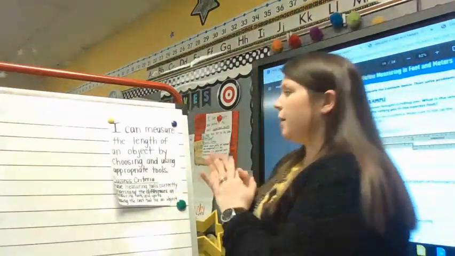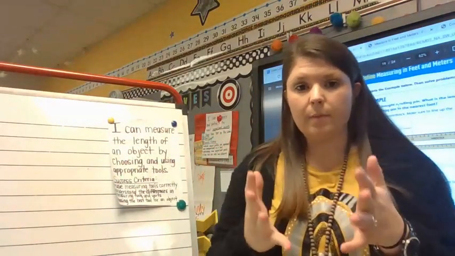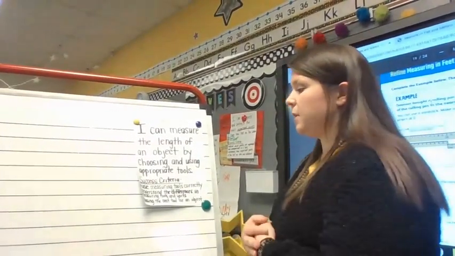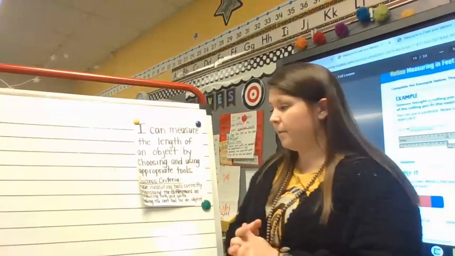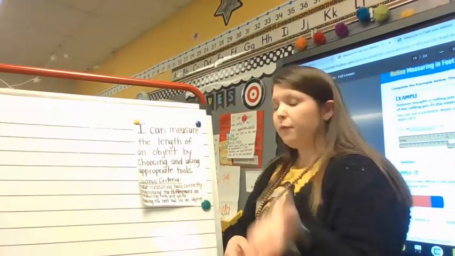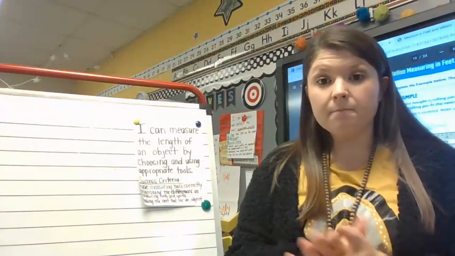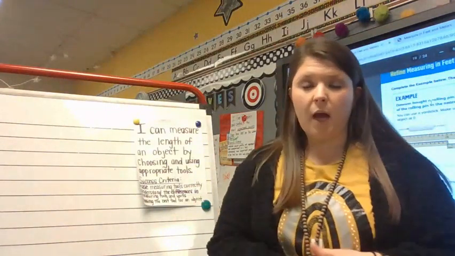Now, we've been talking about this learning target of being able to choose and use appropriate tools when we're measuring. In order to meet this learning target, there's a couple of things that we need to be able to do. We need to be able to use all measuring tools correctly. We need to understand the difference in the measuring tools and the units that those measuring tools have on them. And then we need to be able to choose the best tool for the object.